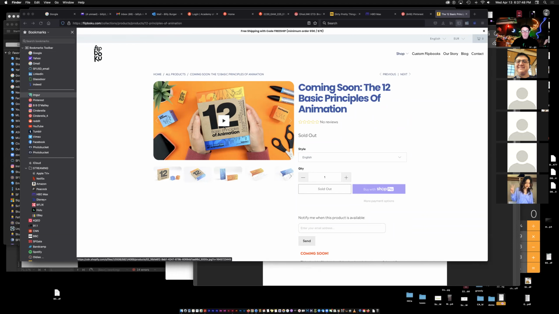Apparently, there are 2 different books, and each book has a different way of flipping it by the way you hold it. We can't see it. I can't buy it because it's sold out. So apparently Paul must have got in on the Kickstarter part of it, and his came just shortly today or this past week, and he's enjoying that. So I just wanted to share that with you.